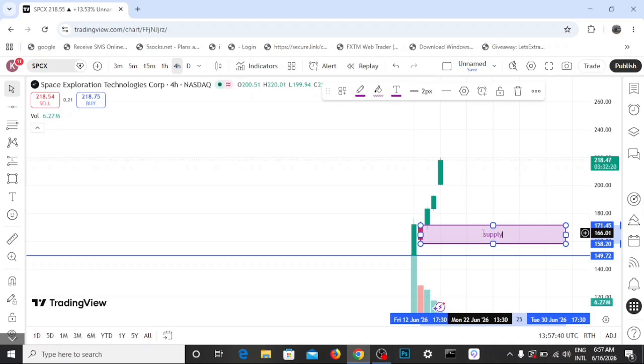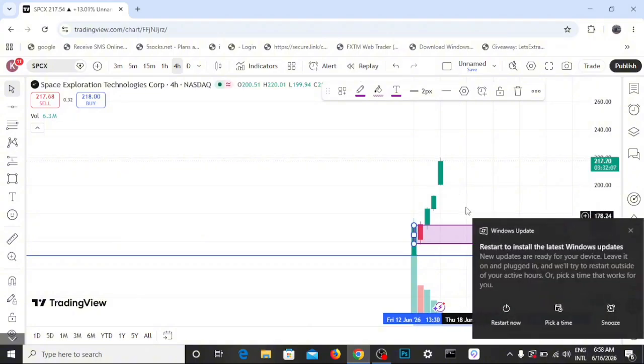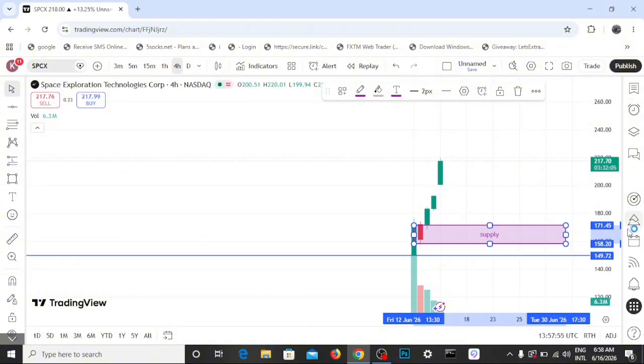So when it gets to this point, it's the supply. But I don't expect it to dip to this point. If it dips to this point, it's probably going to dip, but it's not certain. So I'm just marking that. This is just open, so there's really not much to analyze.